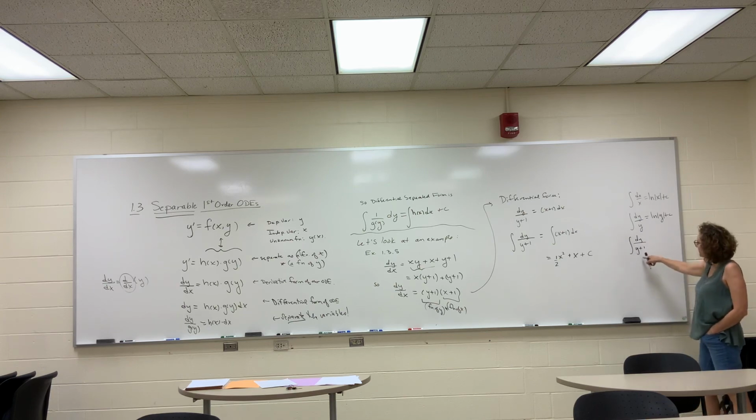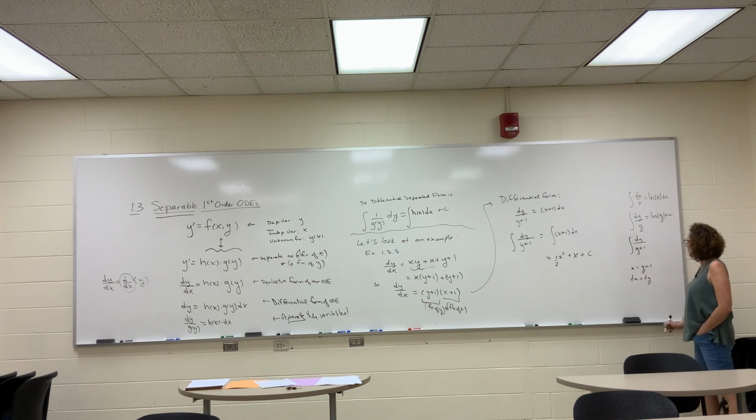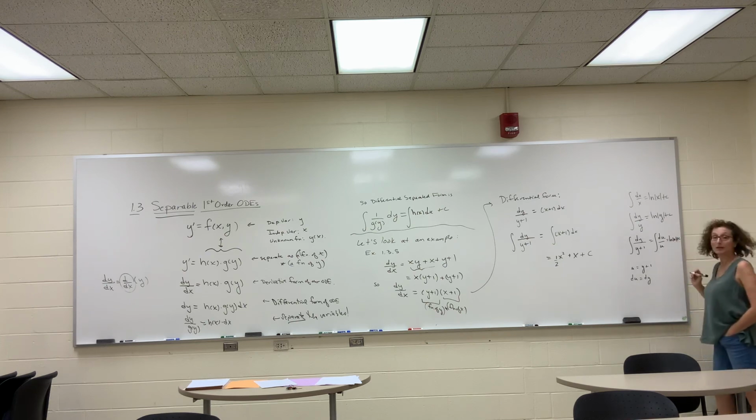If you did a u substitution, you would let u be y plus 1, du would be dy, right? So then you would turn this into the integral of du over u. What is the integral of du over u? Yay, the natural log of the absolute value of u plus c, right? You gotta have the absolute value in there.